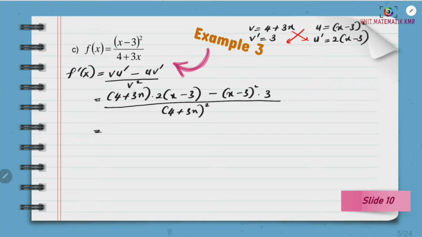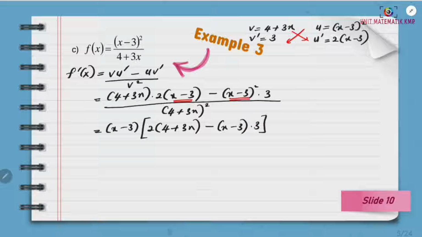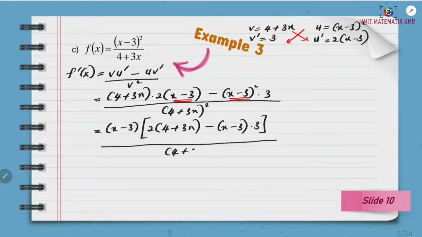Now, at the numerator, we compare the same factor, (x − 3). So we can factorize (x − 3). So we have (x − 3) times [2 times (4 + 3x) minus (x − 3) times 3], divided by (4 + 3x)².